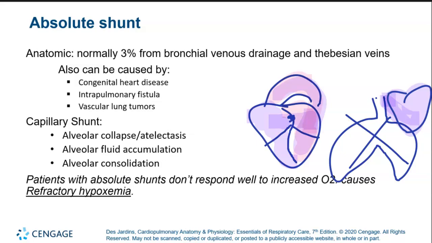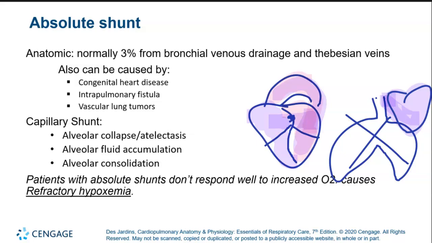You can also have some capillary shunts. This is caused by either atelectasis, fluid accumulation in the alveoli, or alveolar consolidation. So the sum of those anatomical shunts and those capillary shunts are referred to as true or absolute shunts.